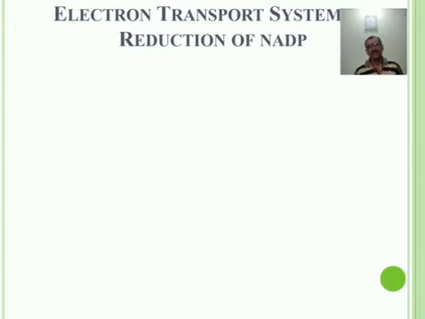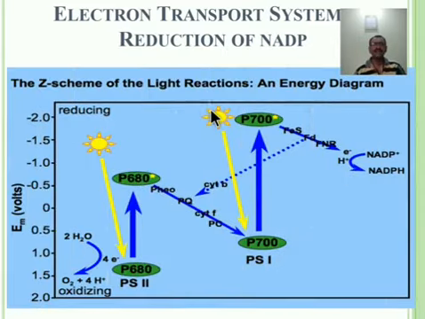In this way, the first step of light reaction is the electron transport scheme. It is also known as the Z scheme of the light reaction. It is an energy diagram, the energy diagram of the Z scheme. There are two photosystems, photosystem second and photosystem first.